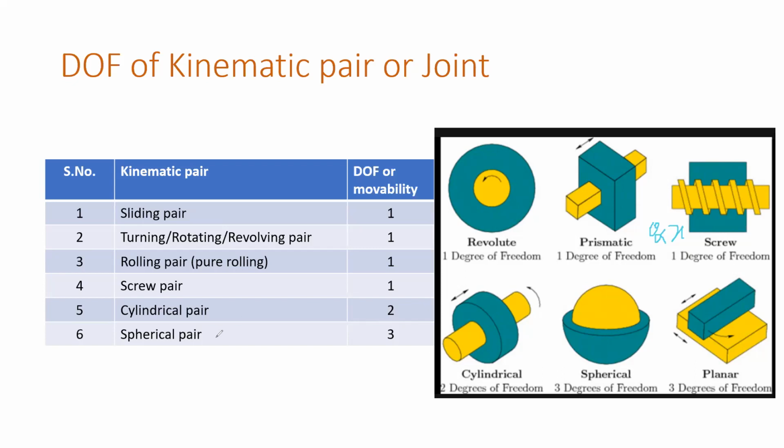Then the spherical pair. The spherical pair has 3 degrees of freedom. This particular sphere which is present in this spherical cavity, you can turn it about all 3 axes. Though it will not slide, it will not have linear motion in any of the axes, but it can turn about all the axes.